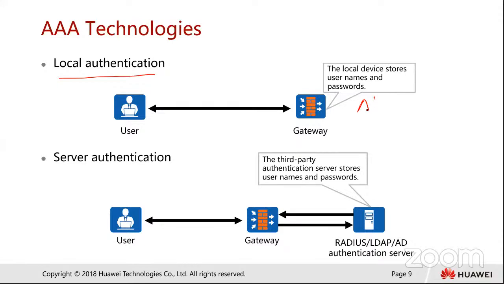So all the devices are configured on, or stored on, our local access server, and local authentication offers fast processing and low operation costs. But if you have multiple users, or if you're going to store a large amount of user information, it is limited by hardware. You cannot process all those authentication details at the same time.